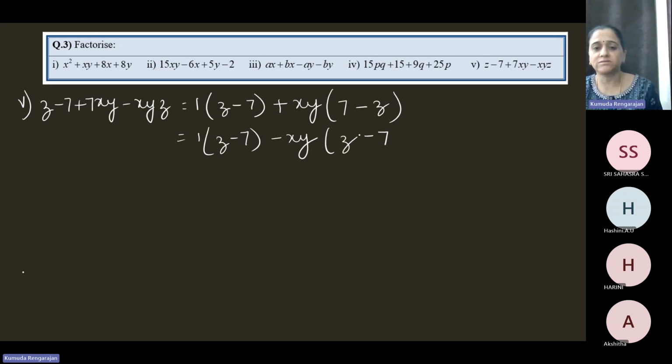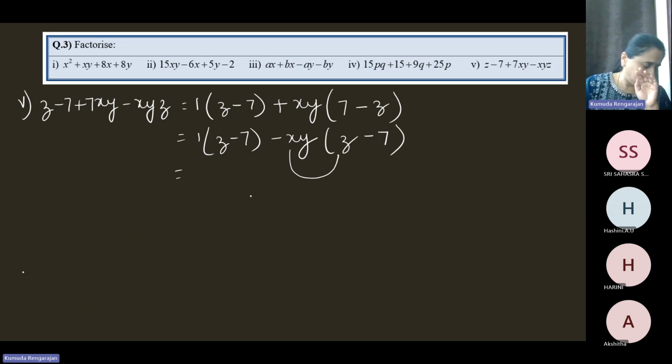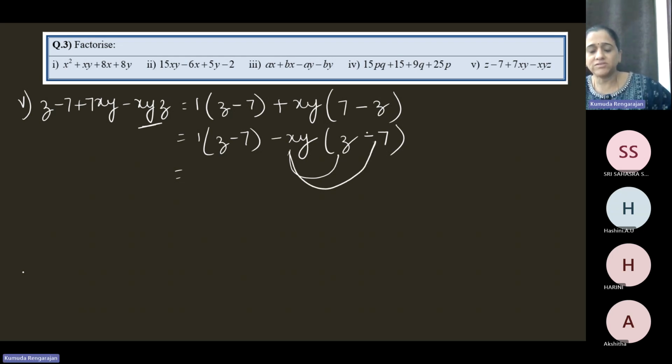Minus z as plus z. Now multiply, you will get minus xy into z, minus xyz here. Then minus xy into minus 7. Minus into minus plus, 7 into xy, 7xy.